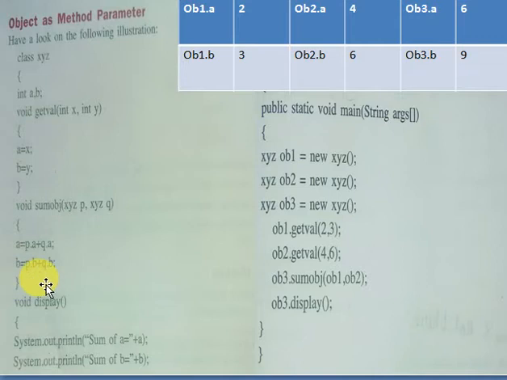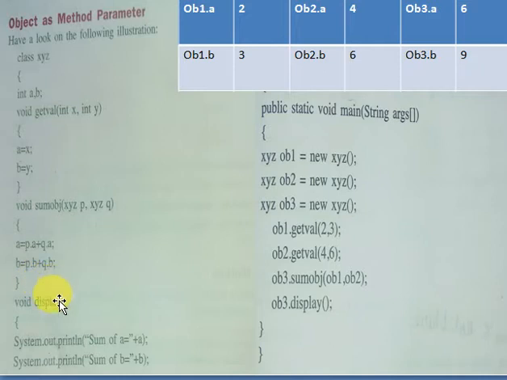Similarly, b is equal to p.b plus q.b. So whichever object calls this function, that object's b is equal to the first object's b value plus the second object's b value.